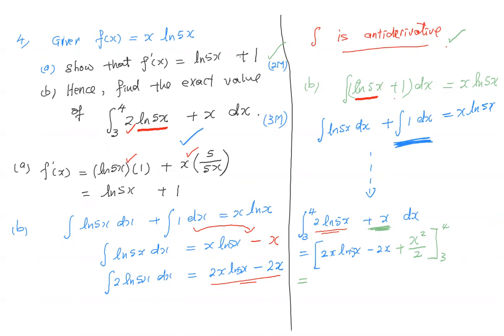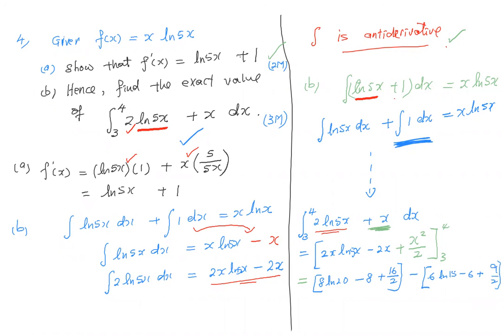So the answer will be, you sub with 4: 8 ln 20, take away 8, plus 16 divided by 2, then take away 6 ln 15, take away 6, plus 9 over 2.